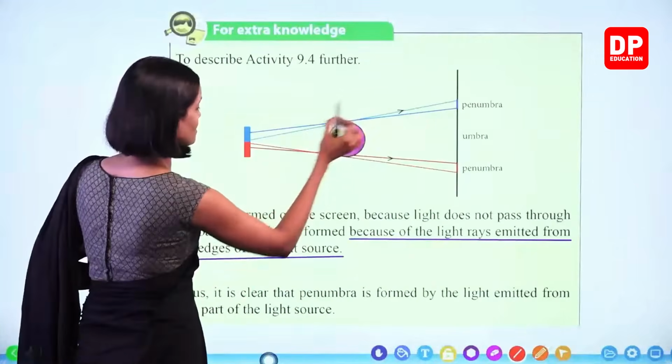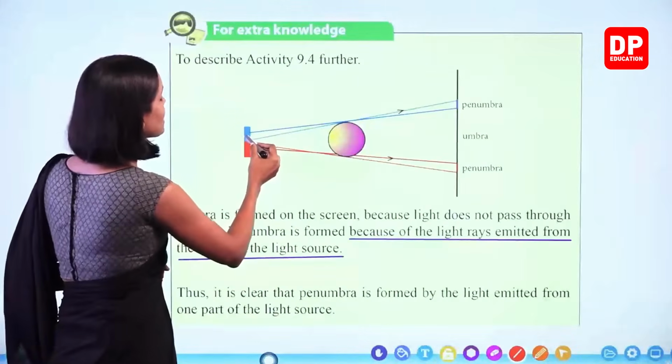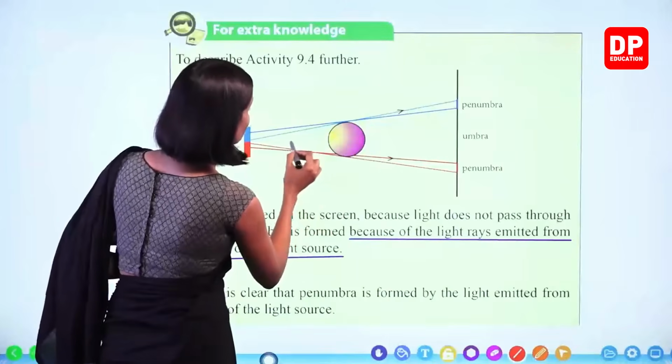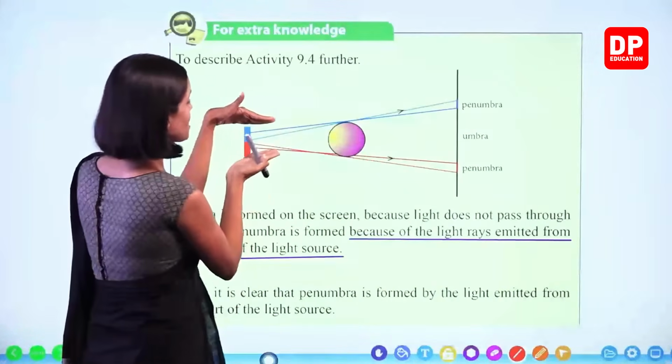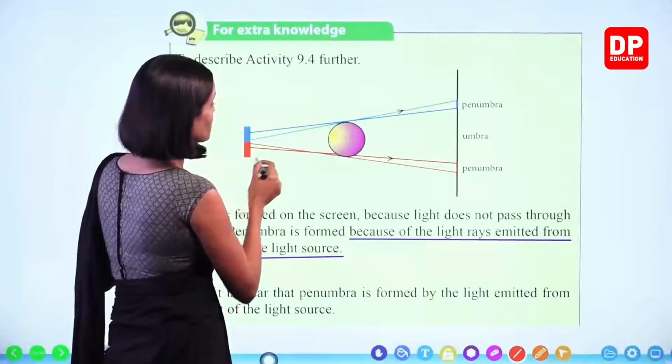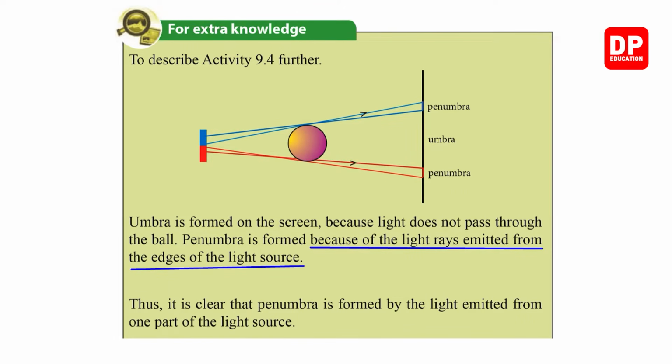Look at this diagram. It shows how these light rays go from either side of the object, right? It escapes through the edges, okay? But when you consider this area, it does not get any light. This is why this part is considered as umbra, that is black in color.